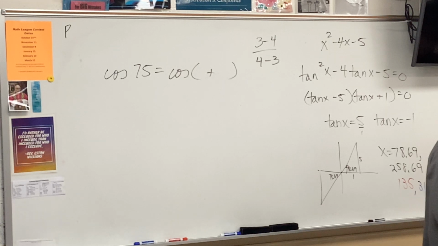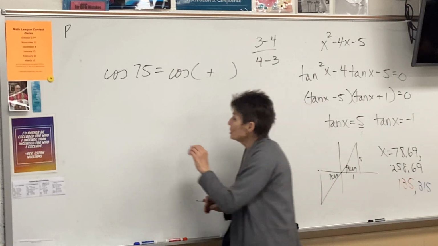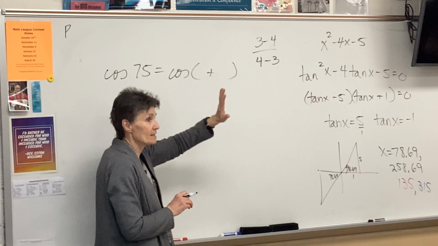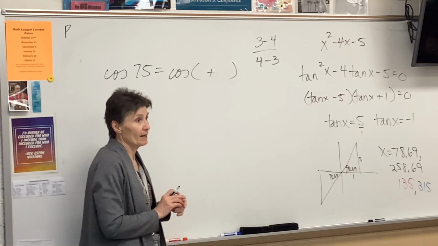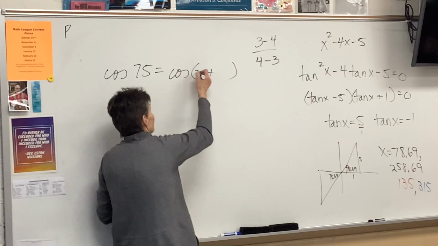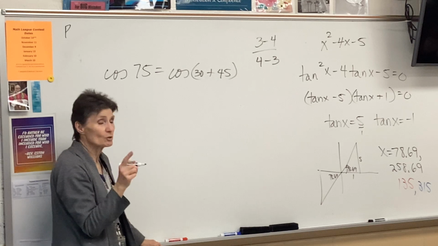But that one day we made a list of the 30 in all 4 quadrants, the 60, and the 45. So there are actually 12 special angles that you have to use. So from those 12, you have to find 2 of them that either add or subtract, it doesn't matter, to make 75. So the most obvious is 30 and 45. But there are many other options, but those are the most obvious.